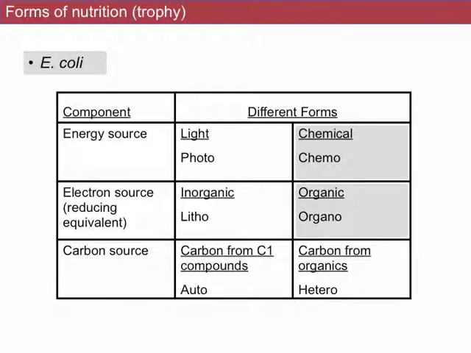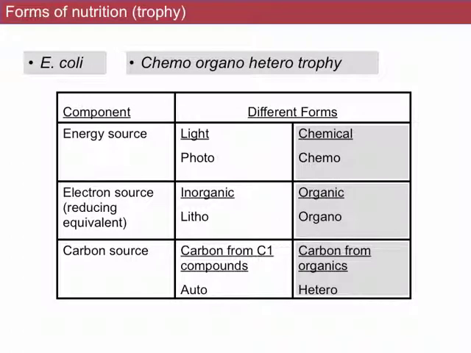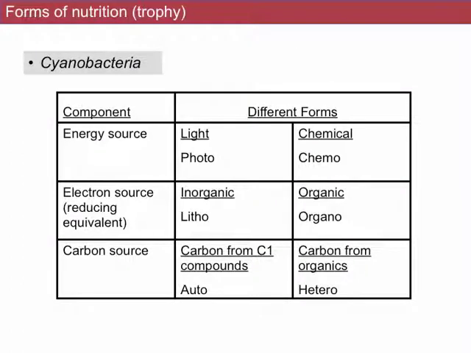Sometimes people just throw out the organo part and say chemoheterotroph. For photosynthetic organisms like plants and cyanobacteria, they get their energy from light. They get their electrons from inorganic compounds and their carbon from C1 compounds. And they are called photolithoautotrophs or photoautotrophs. And we will continue in the next lecture with talking more about the phylogenetic diversity of organisms.